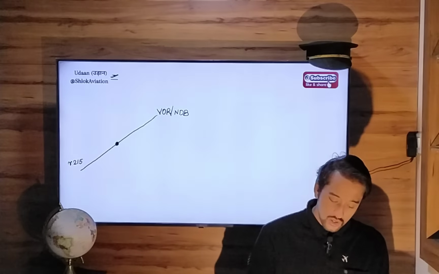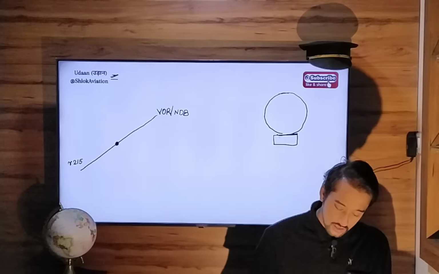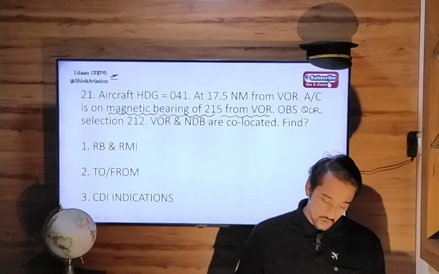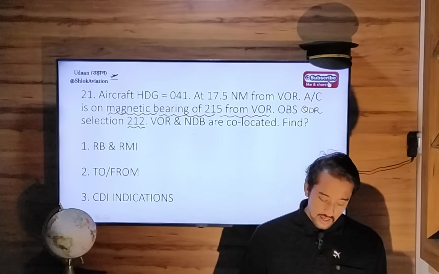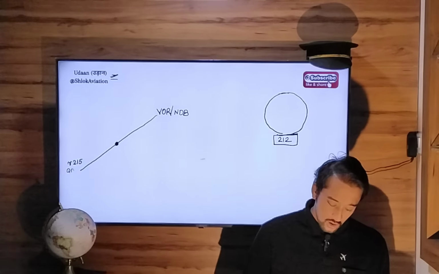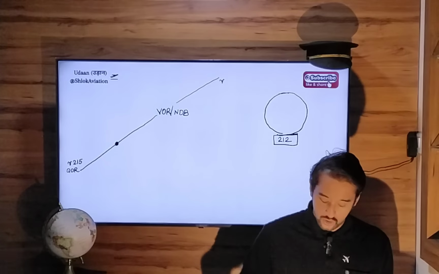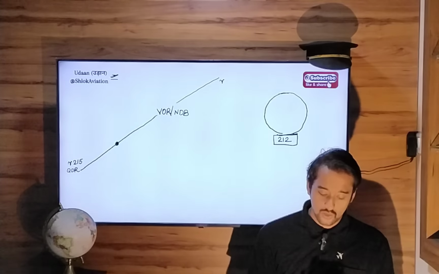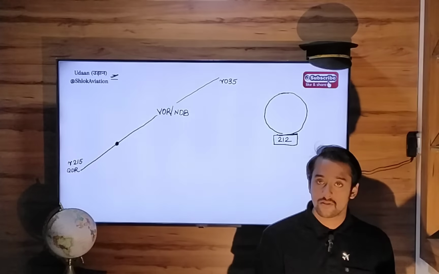But before that, the OBS selection is 212. Aircraft heading is 041. Whenever you draw QDR, always draw the reciprocal of that, which is QDM, and it will be equal to 215 minus 180, which is 035.